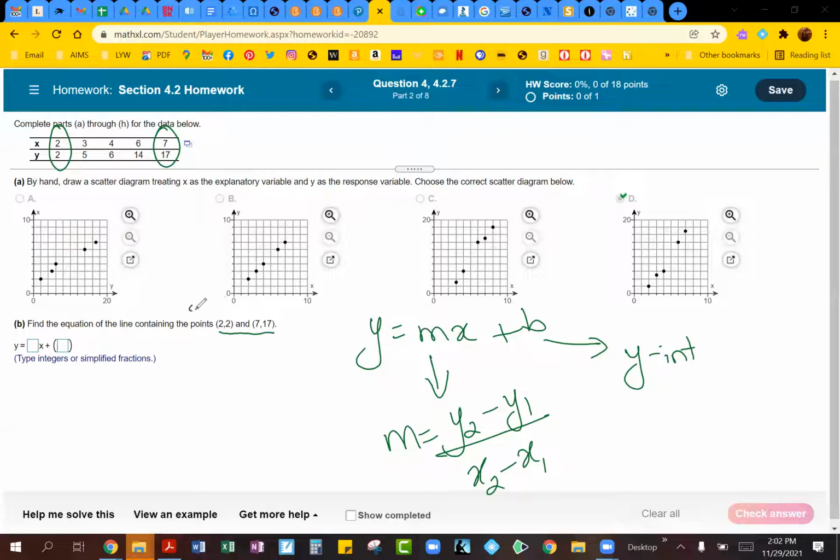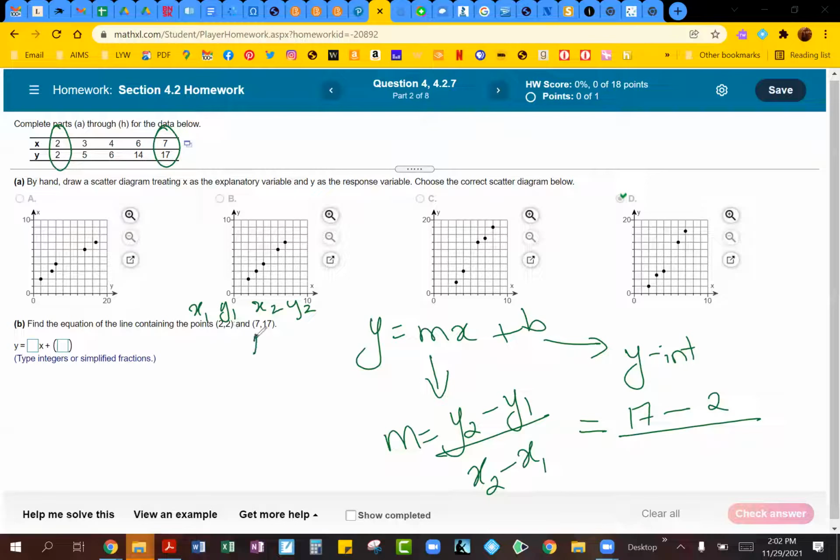You can think of this as my first point, so this can be my x1, y1 value, and this can be our x2, y2 value. So your 2 ordered pairs. When you put that in your slope formula, y2 is 17 minus y1, which in this case is 2. For the denominator, you are doing x2.